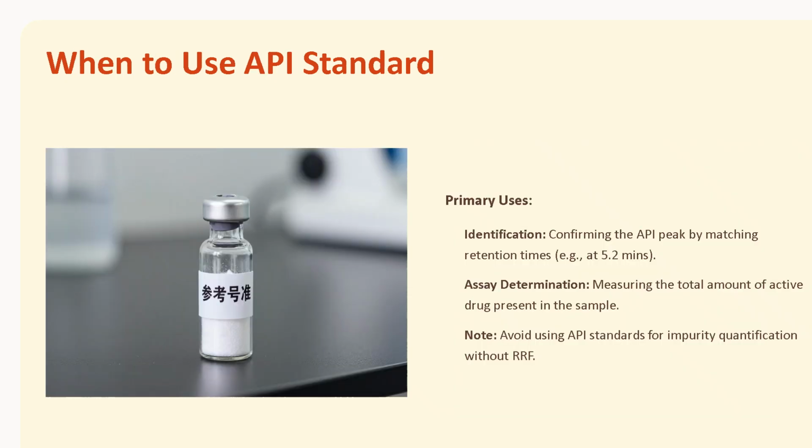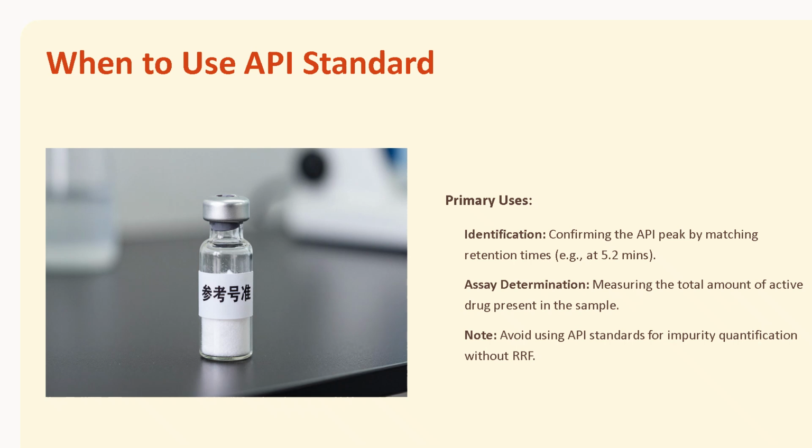API reference standards are mainly used for two purposes. First is identification. For example, if your sample shows a peak at 5.2 minutes, you inject the API standard. If it also appears at 5.2 minutes, you confirm it is the API peak. Second is assay determination.